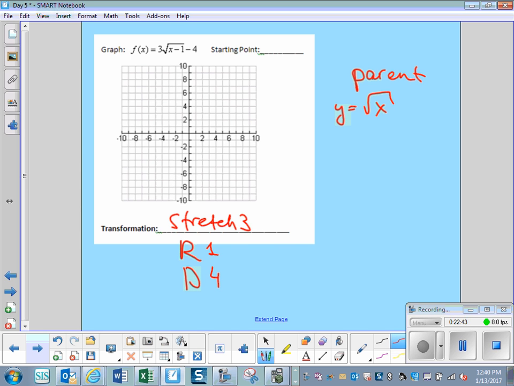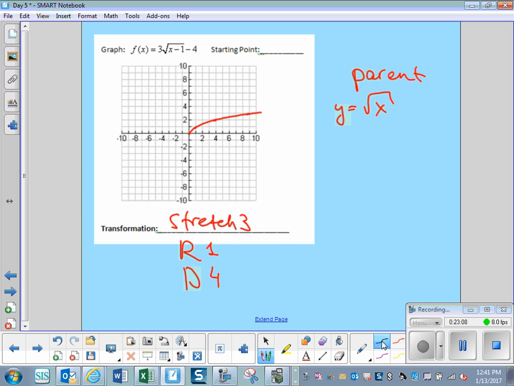Okay, so the parent function looks like this. The starting point was at 0, 0, and then 1, 1, and then we had 4, 2, and 9, 3. So this is my parent function. Now I'm talking about the new function, the one that was transformed. The starting point 0, 0 moved where?